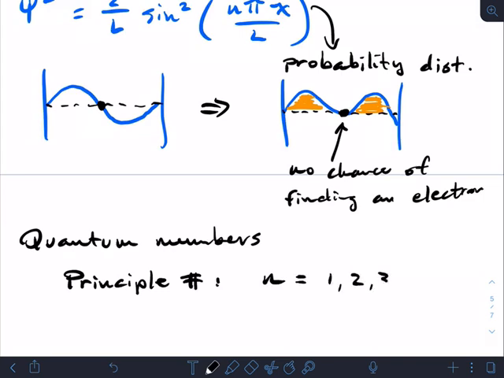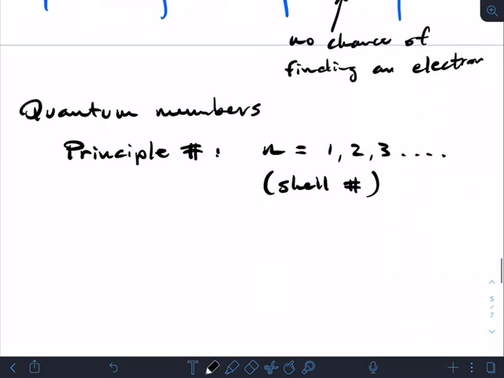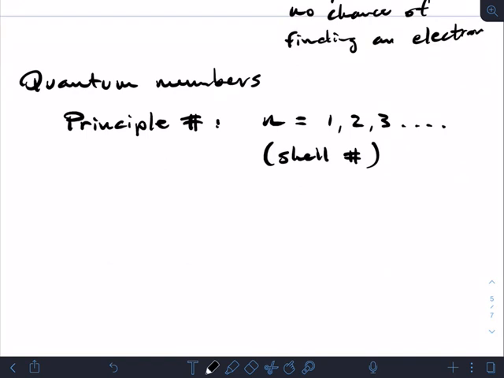And n can be 1, 2, 3, etc. It tells us the shell number. I'll explain what it means to be a shell number in a minute.